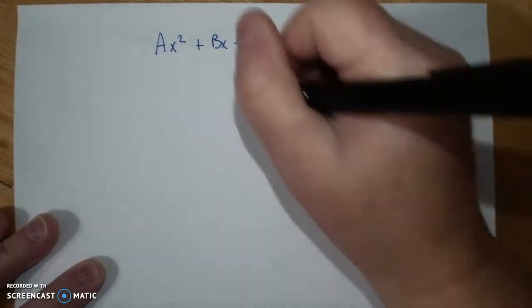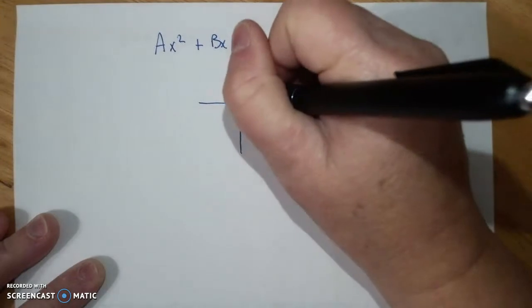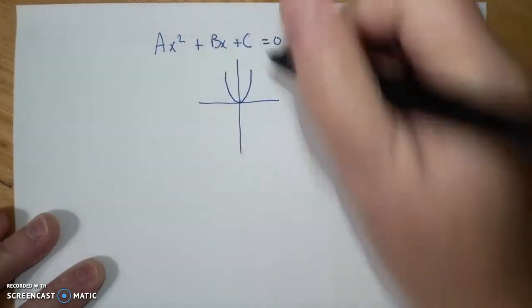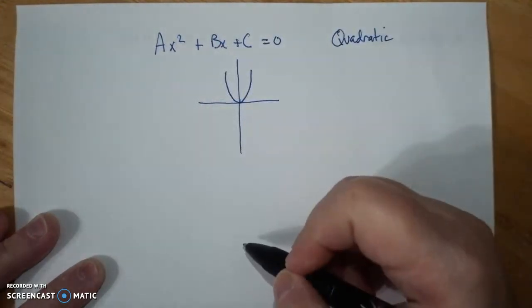In a quadratic equation, the parent quadratic is going to look like a U, and we'll talk about it more later.